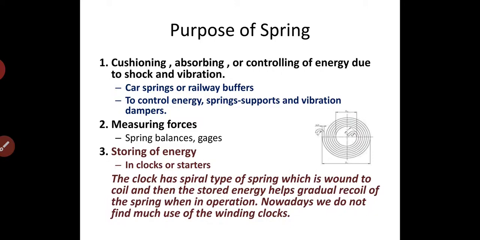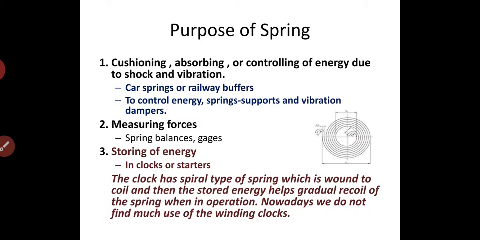We used to wind it, and then the spiral spring used to rebound slowly, running for 48 hours. It used to run continuously, and then again we had to give the key to it. And small toys used to run by the same spiral spring.